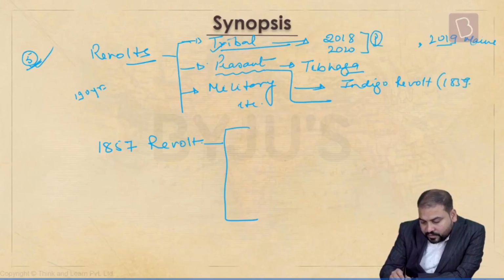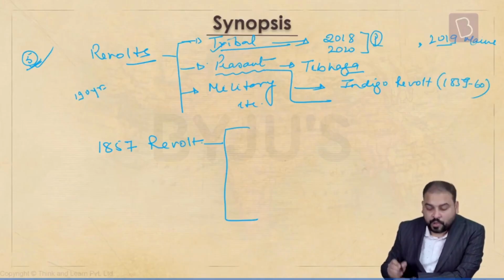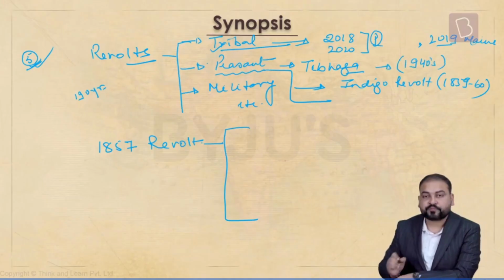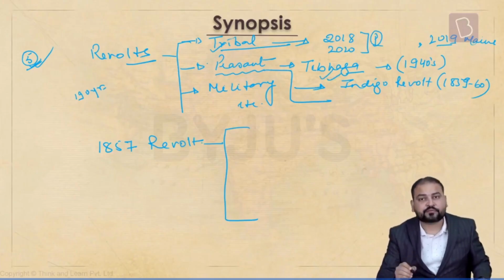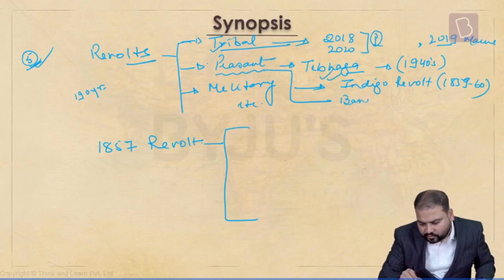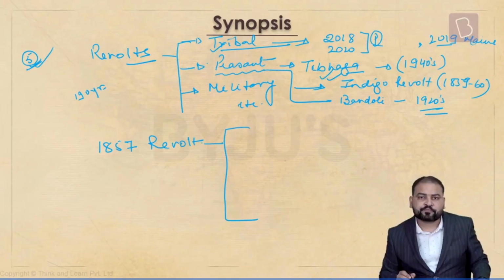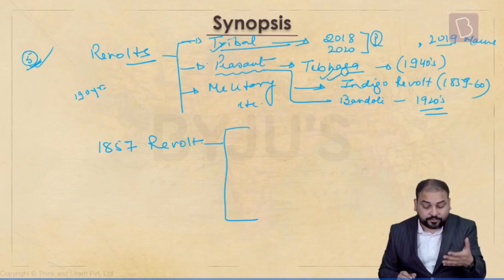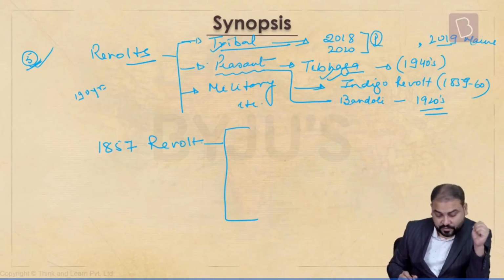This is happening around 1859-60, whereas Tibhaga is happening in 1940s. So you can see different movements. Similarly, I can give you example like Bardoli, mid 1920s. So at different places, these different tribal revolts or the peasant revolts will be dealt.